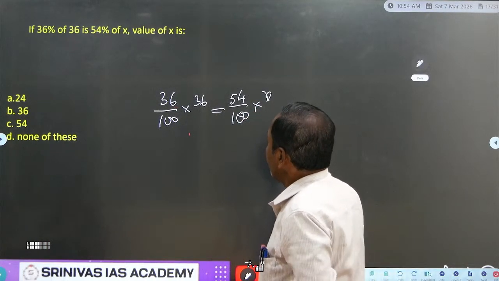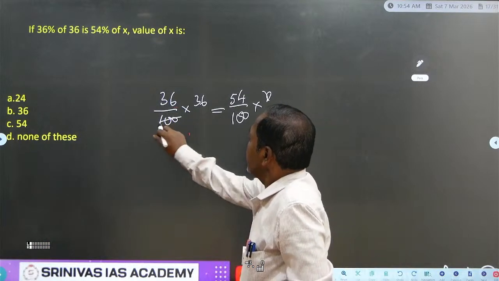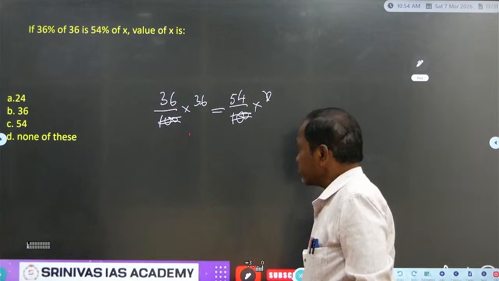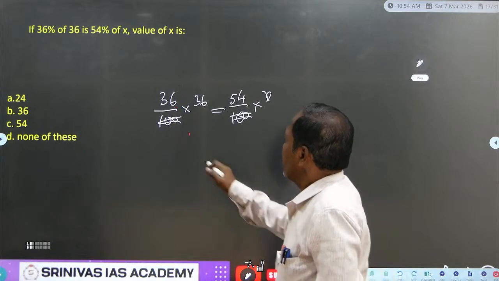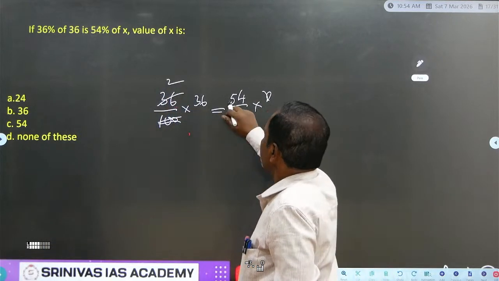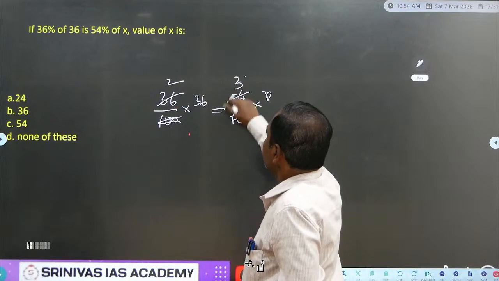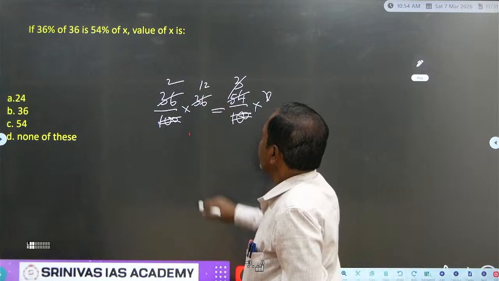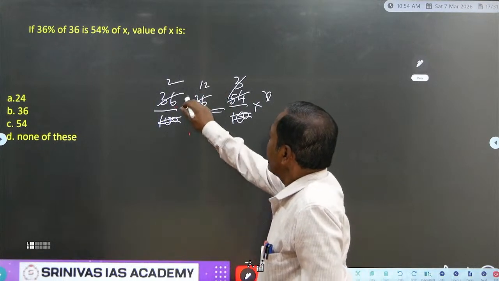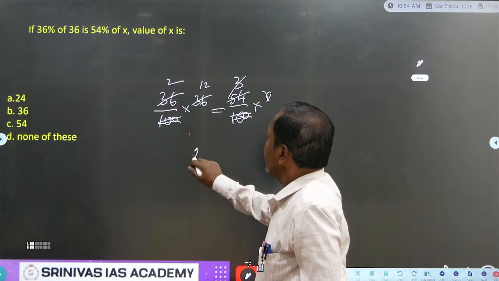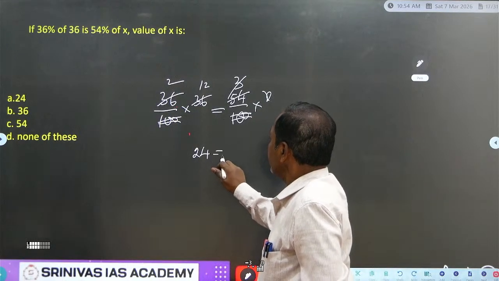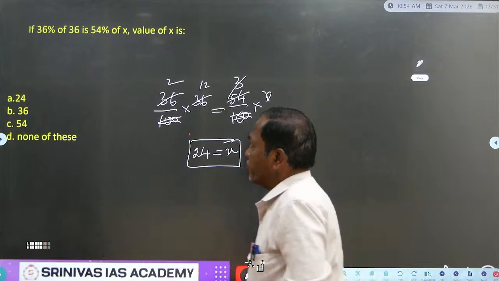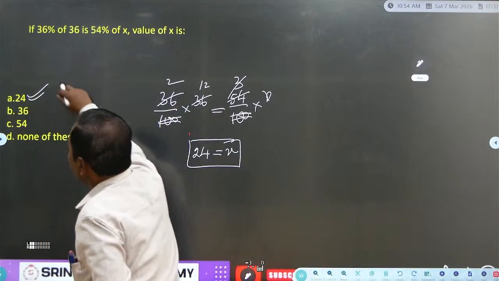Because percentage is the backbone for the whole of aptitude. 36% of 36 equals 54% of x. Denominator versus denominator gets cancelled here. 18 2s are 36, 18 3s are 54, then what is left? 2 into 12, that is 24. So x equals 24. Option A.